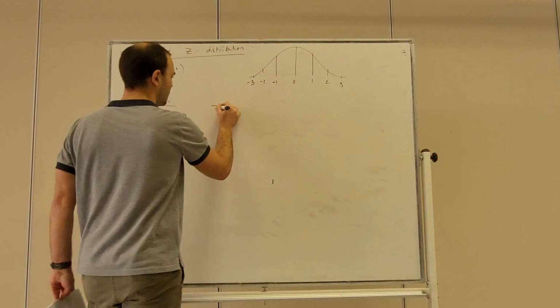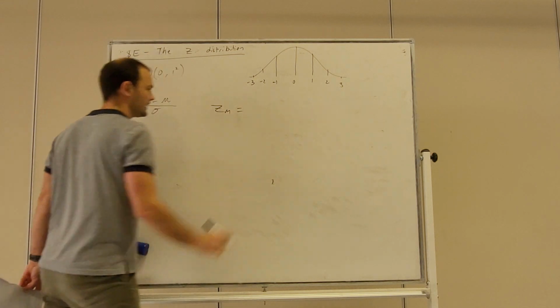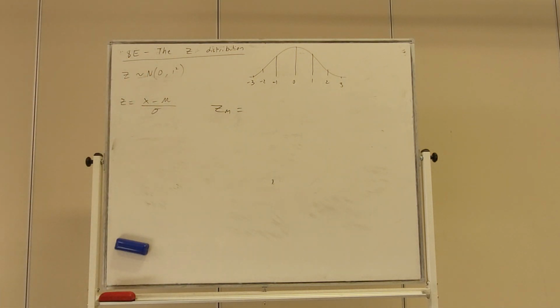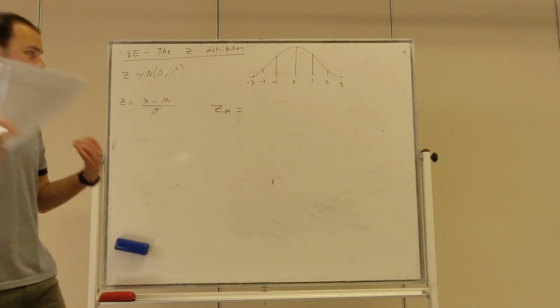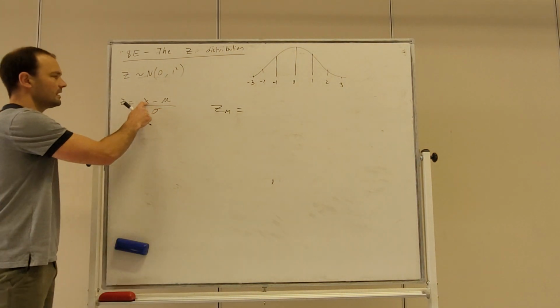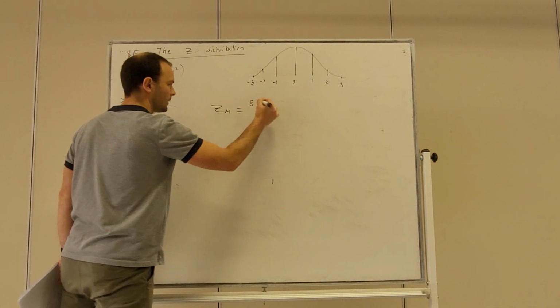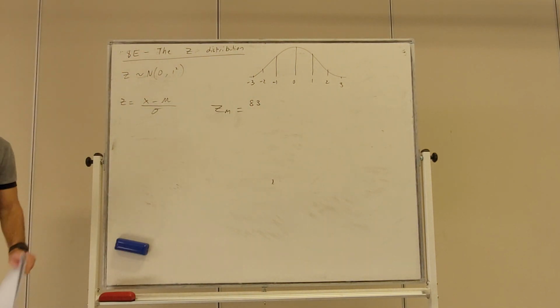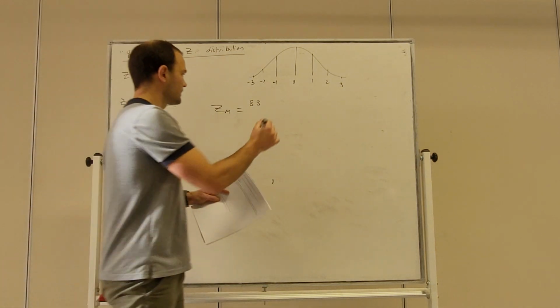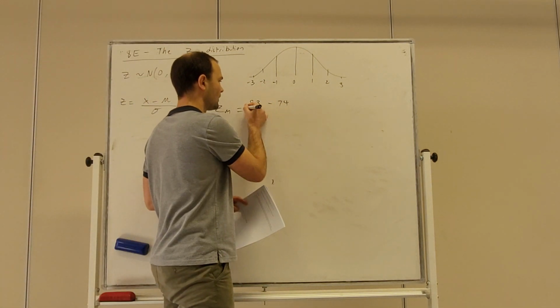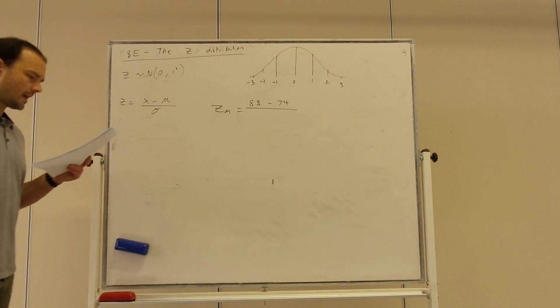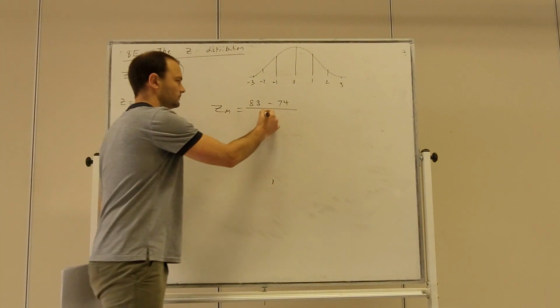So his Z score for maths, I'm going to call that Z subscript M, it's going to equal the result that he obtained. He got 83, right? So X here is the result that we want to know the Z score for. So he got 83, the mean for the class was 74, and the standard deviation is 6%.